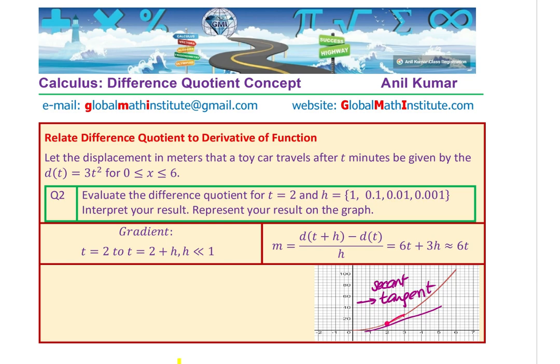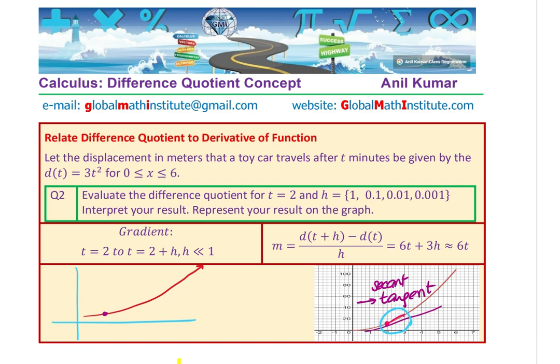Correct? So let me make it bigger to explain the whole concept. So what really is happening is that, I'm just expanding this particular part here, right? So the graph is kind of like this. We have taken a point t as 2, which is fixed, right?